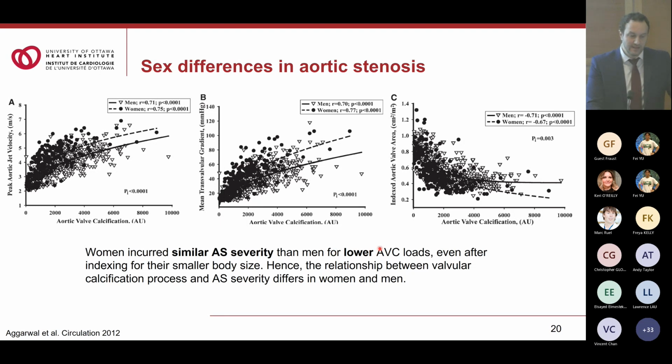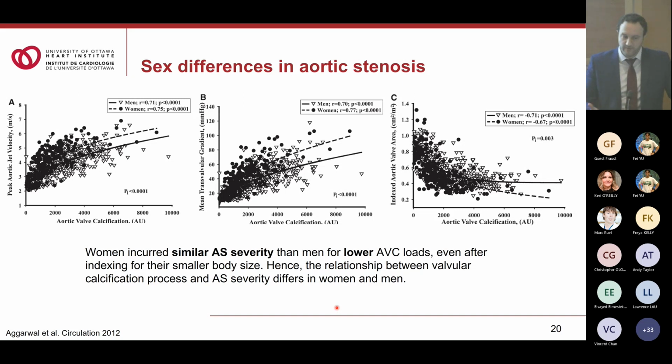That led the field to consider sex as a determinant in the development of aortic stenosis, and that's why two thresholds are being used today.